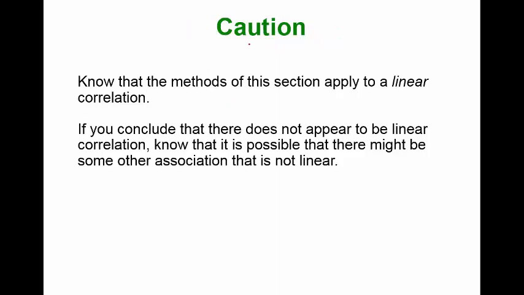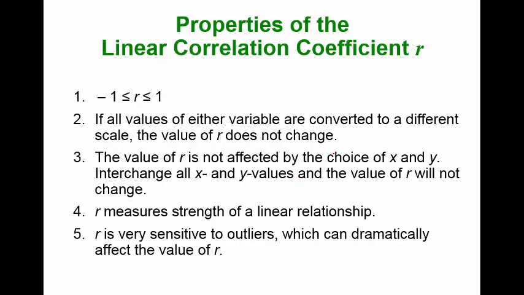Remember that when we're dealing with correlation here, we're looking at linear correlation. So if you get a very bad correlation, a correlation that's close to 0, you can say that there's no linear correlation, but there still might be some non-linear type of relationship.